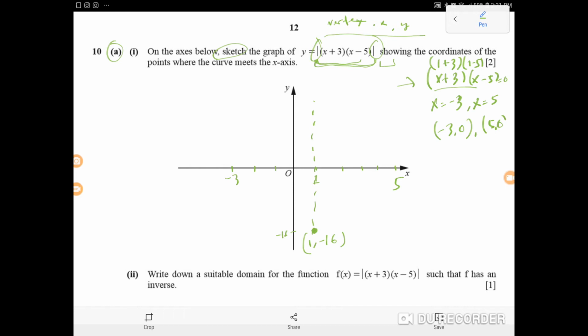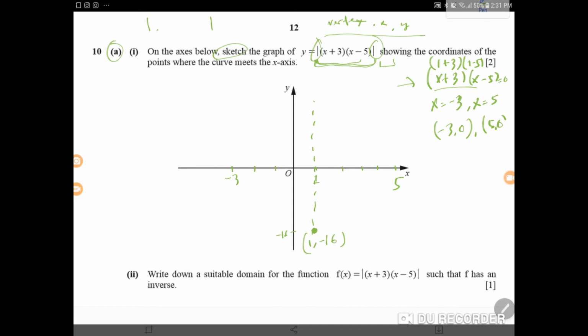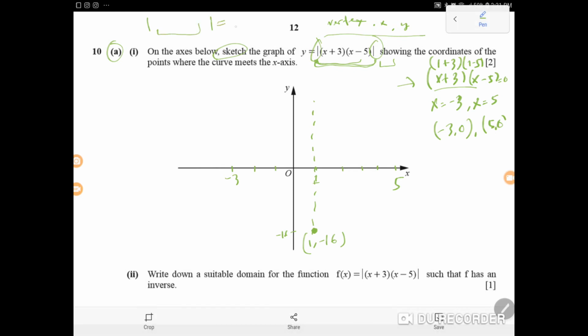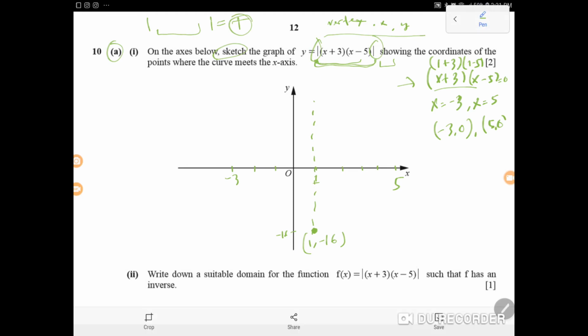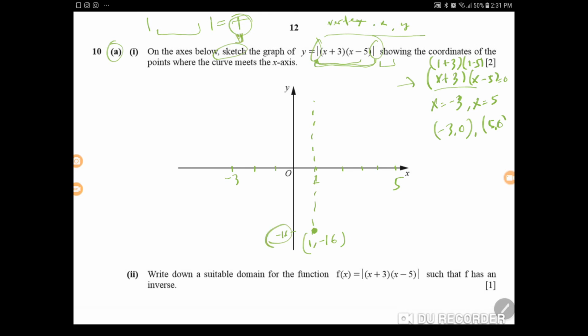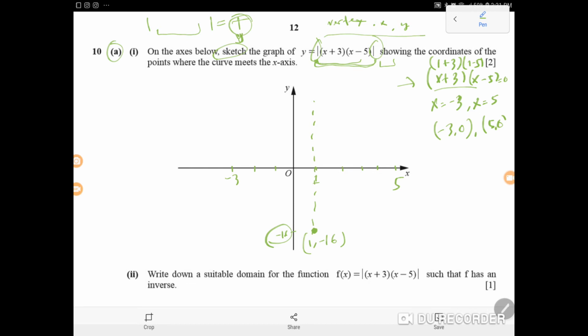Why? Because the absolute function makes everything positive. So all the resulting values will become positive. This is basically for y. It doesn't affect the x. It is only for y.